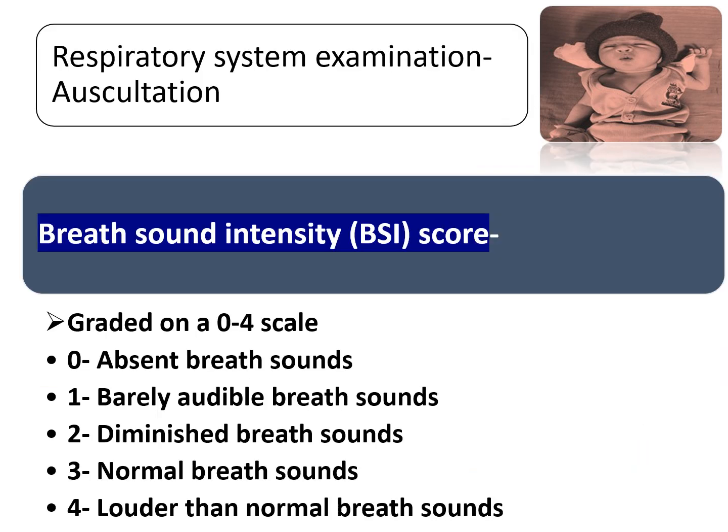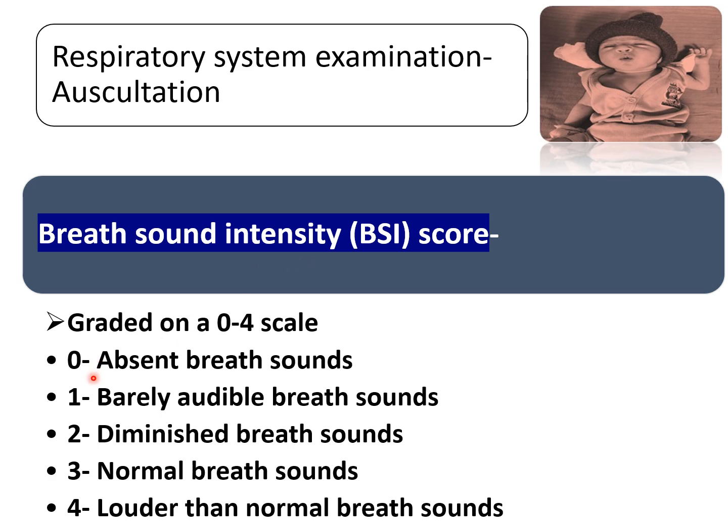Then we have to check the breath sound intensity. So these are the scores for the breath sound intensity. We have to give a score between 0 to 4. We have to compare the intensity on both sides of the chest, and see whether air entry is adequate and equal bilaterally or not.